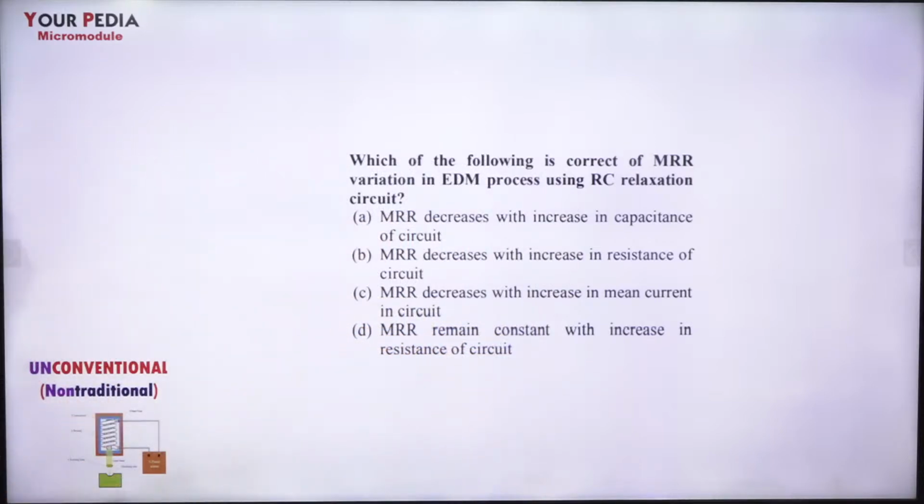So in the RC relaxation circuit, how does the material removal rate vary? Which one is the answer? Okay, material removal rate variation in EDM using an RC relaxation circuit decreases with increase in resistance of the circuit. So there is a formula between material removal rate and resistance. Very, very important information.